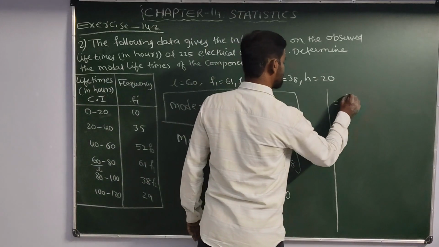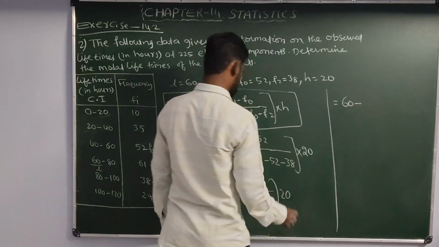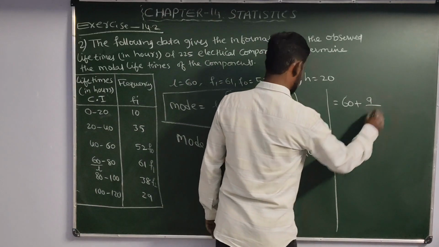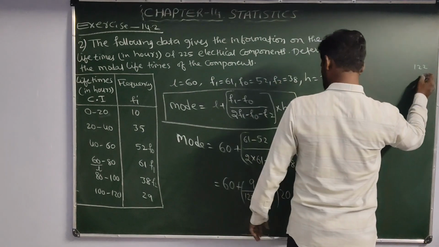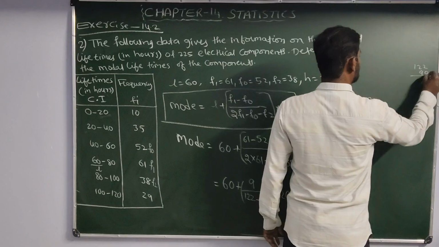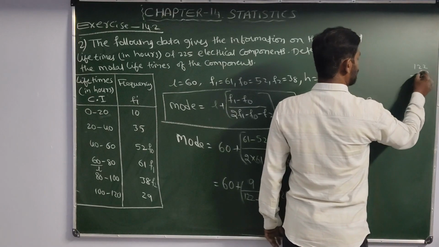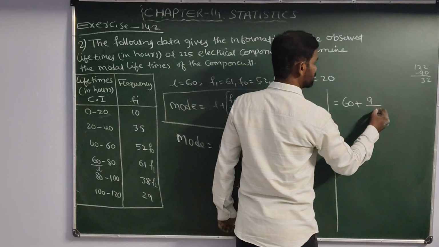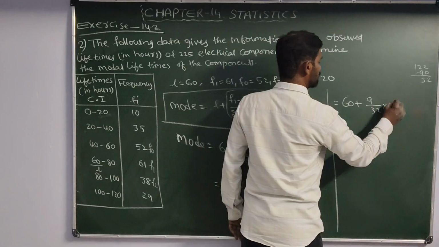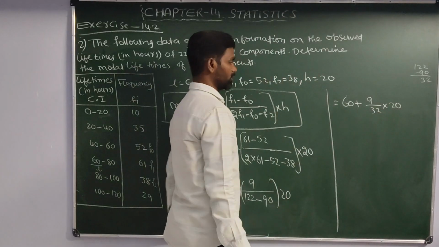That is equal to 60 plus 9 by 122 minus 90. So it is 32, into 20. Okay, H value is 20.